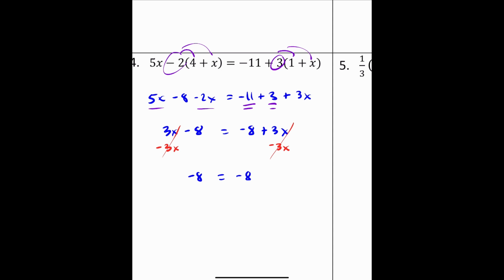So we're left with negative 8 equals negative 8. Look at that. We have another statement here. The left-hand side is equal to the right-hand side. Negative 8 is equal to negative 8. So we can say that this is a true statement. If it is a true statement, our answer is all real numbers.